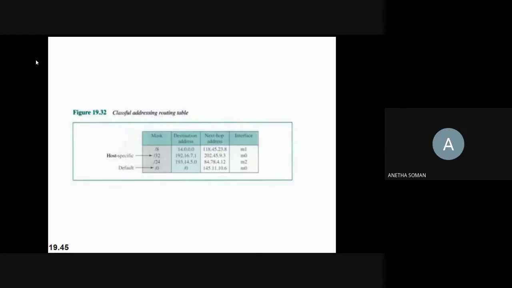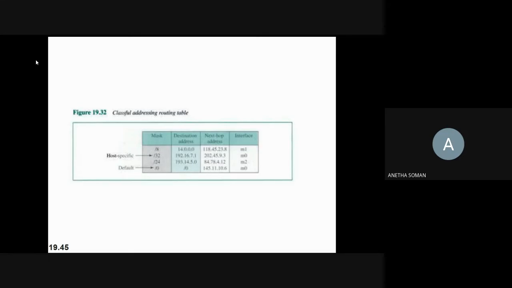I want to compare the classful and classless address routing tables, so I have just taken this. Considering a classful addressing routing table, you have a minimum of 4 columns, that define the mask, the destination address, the next hop address, and the interface.